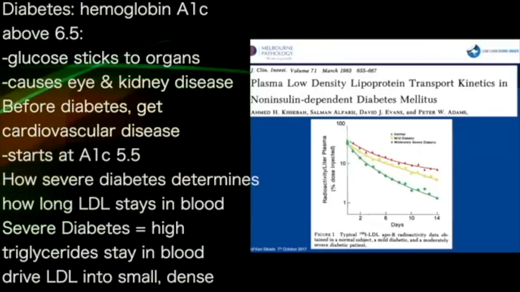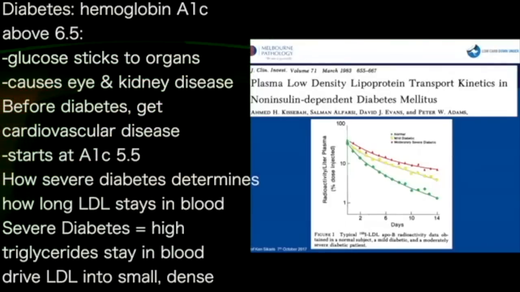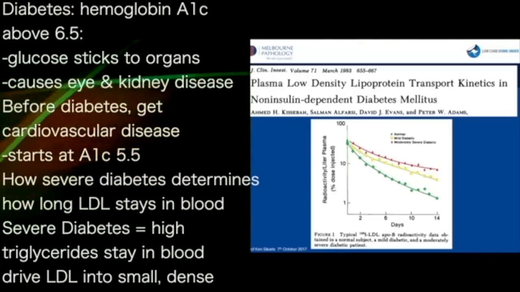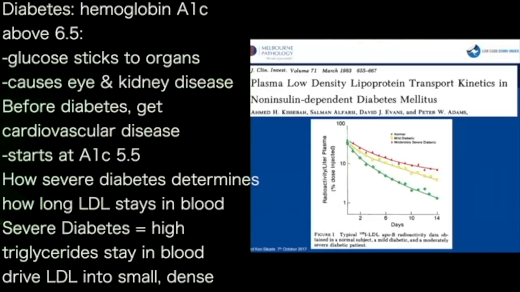And how severe your diabetes is determines how long your LDL hangs around. So if you've got mild pre-diabetes, which is slightly elevated LDL, the LDL will hang around a little bit longer. If you've got severe diabetes with markedly elevated triglycerides, you'll have LDL that lasts even longer and becomes even smaller and denser because of the triglyceride.